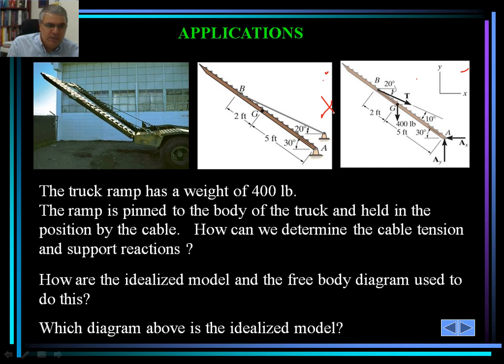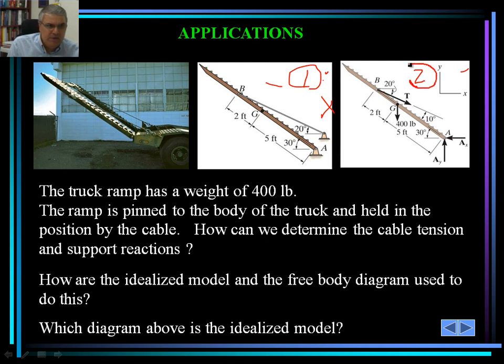We can only see a simplification of the ramp itself, and we don't have much information. We haven't identified much information on this particular figure 1, so we can be able to solve it. So let's take a look at figure number 2.